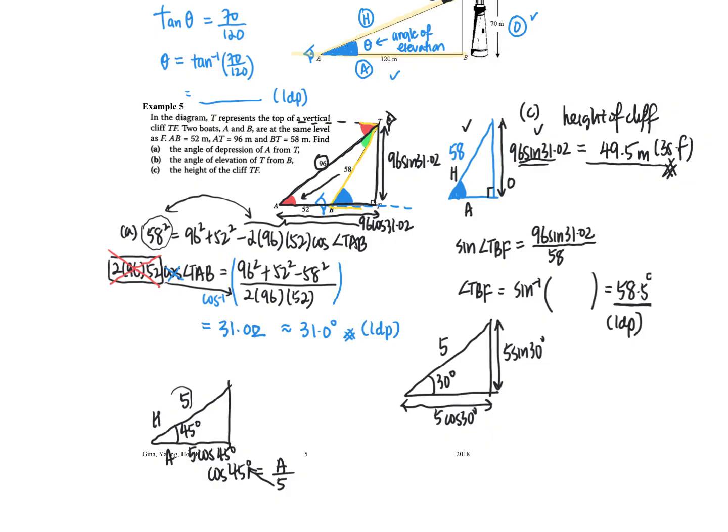If I have H and want to find O, I use sine, so O over H is 5 sine 45. As long as you have the hypotenuse, you can get the base using 5 cosine of the angle. This is the shortcut. Then you don't have to cross multiply; you straight away know the base and the height.